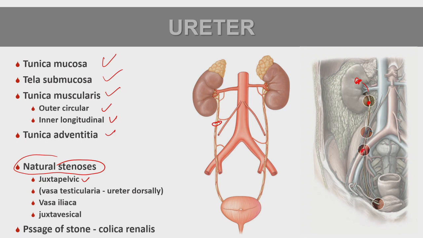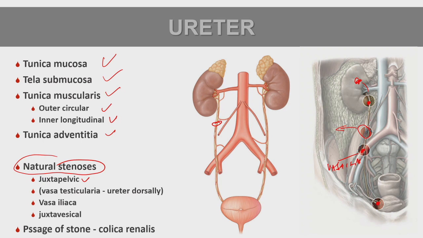Then we have a second. The second is at the vasa iliaca. And the third is in the pelvic region, juxtavesical. The last one, the fourth, not too common, is where the ureter is crossing the testicular or ovarian artery and vein, and the ureter is localized between those vessels and the psoas major.